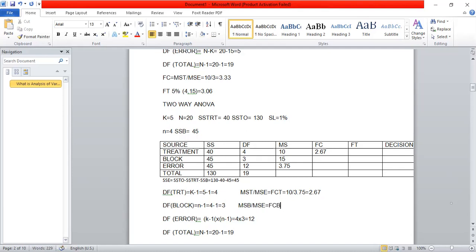So we get the F calculated for the block. So we're dividing what? 15 divided by what? 3.75. To get 4. Oh, so we put 4 there.